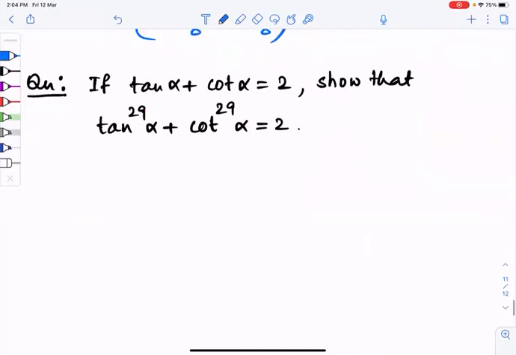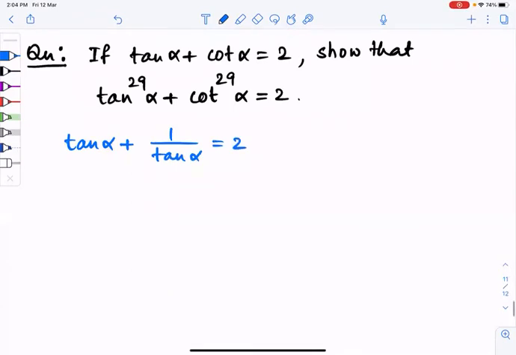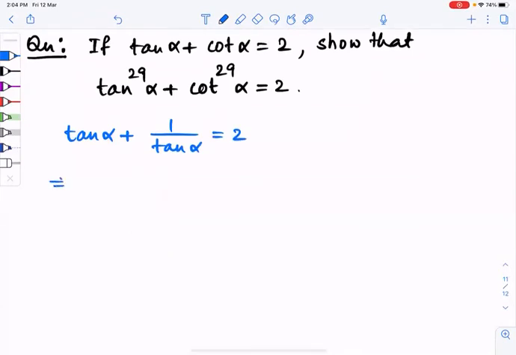So how do we solve? Tan alpha plus cot alpha. Let us write tan alpha plus 1 by tan alpha is equal to 2. So this, if I take LCM, I will get tan square alpha plus 1 by tan alpha.